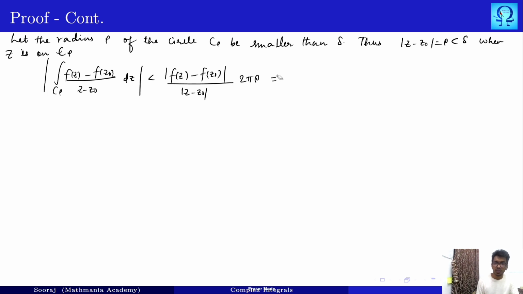So the numerator quantity is less than epsilon and the denominator quantity is equal to rho, and we have 2 pi rho, which is nothing but 2 pi epsilon.